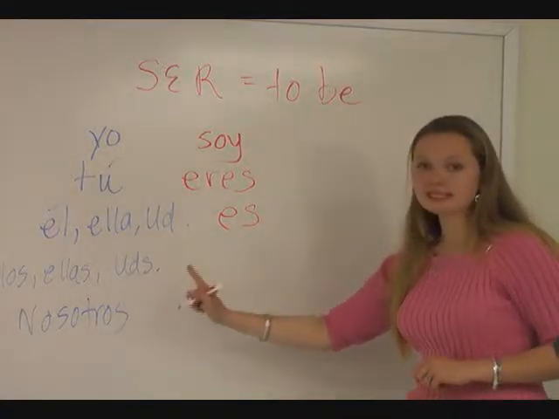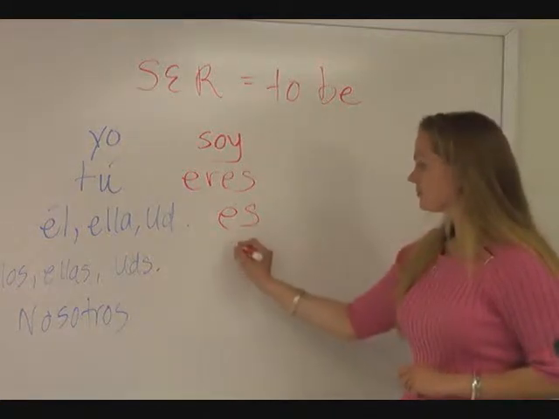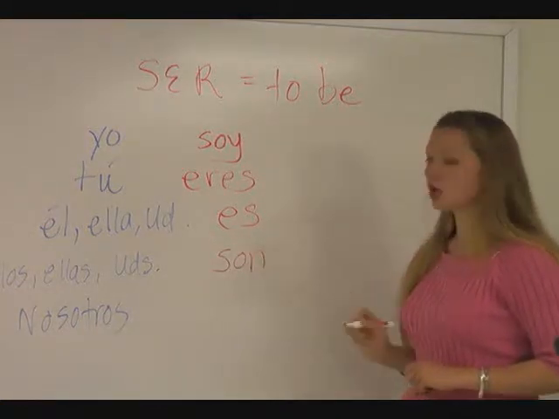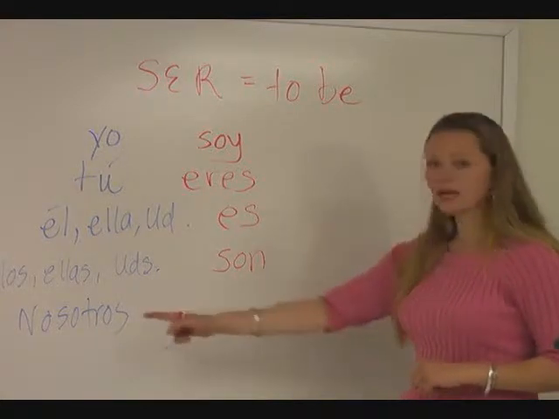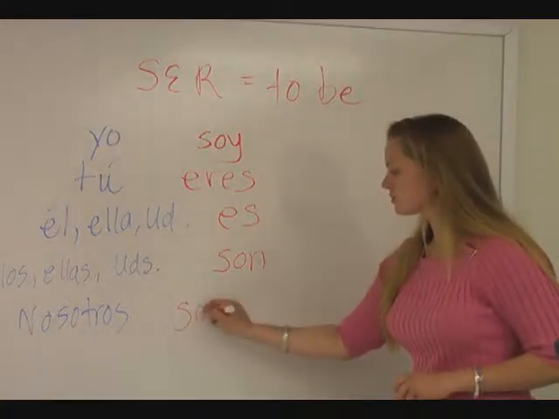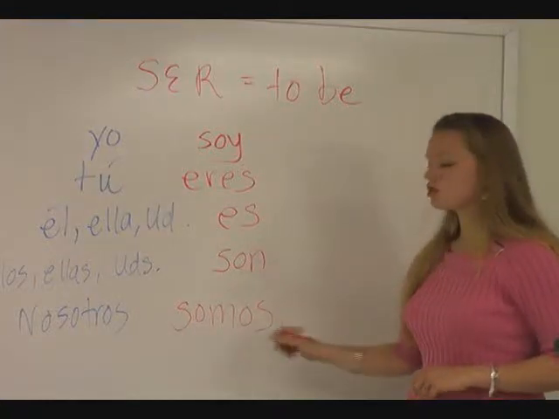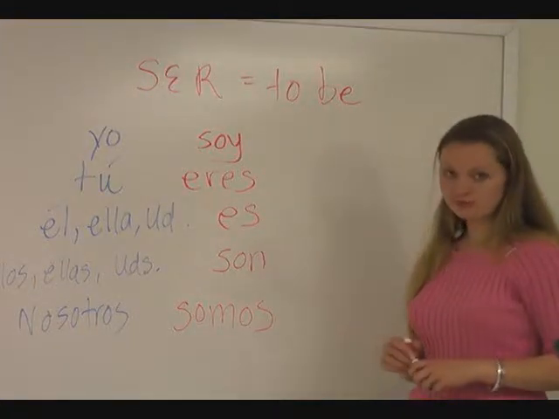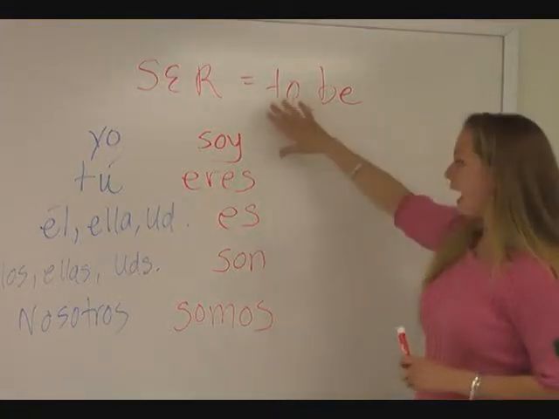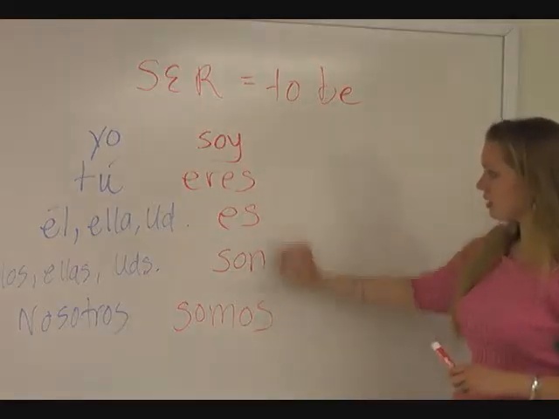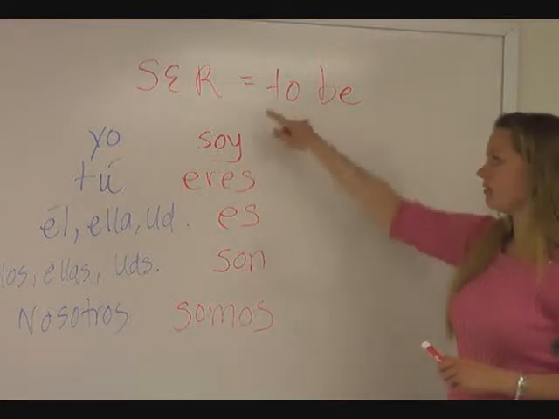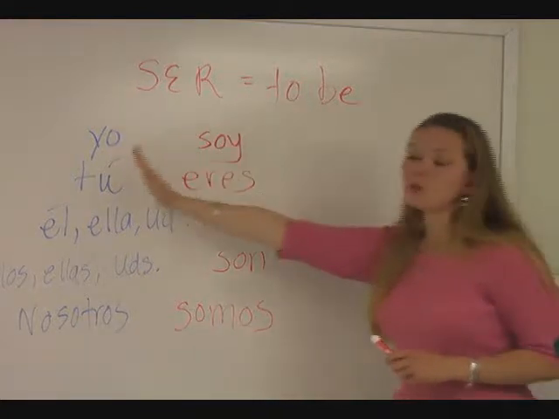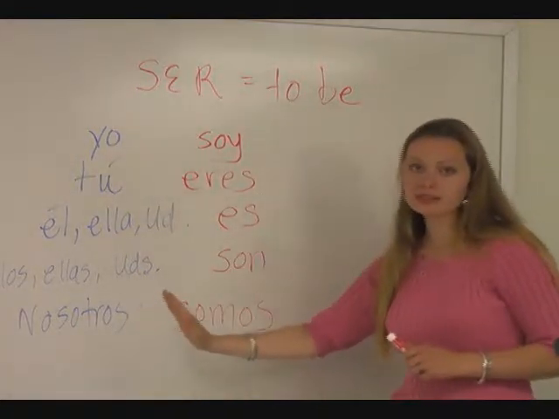Ellos, ellas y ustedes son. Son. Y nosotros somos. Es todo. Estos son los verbos, las diferentes formas del verbo ser that go with the subject pronouns.